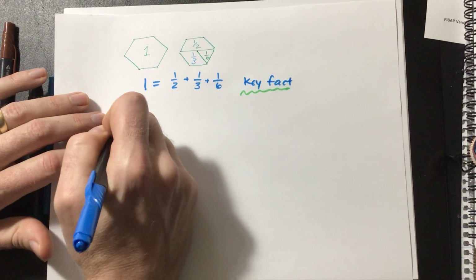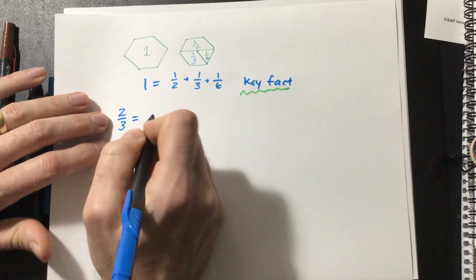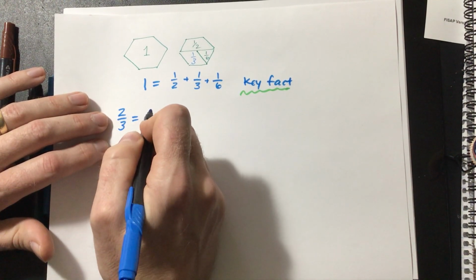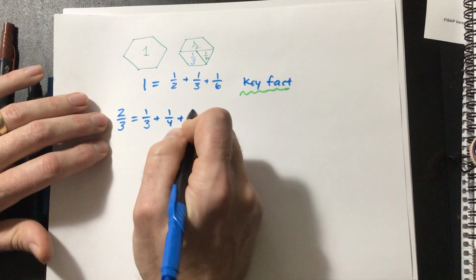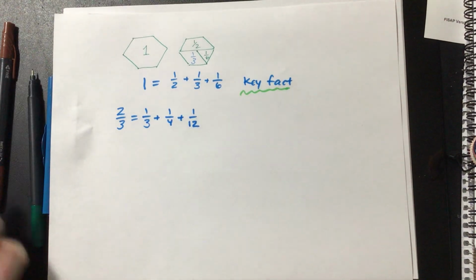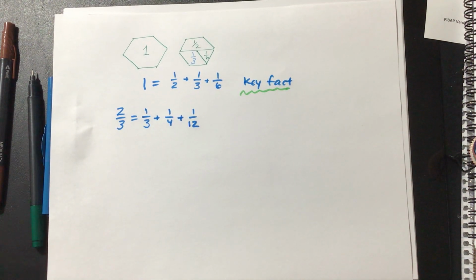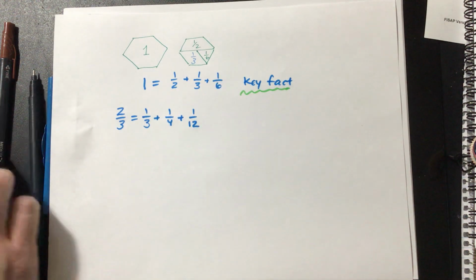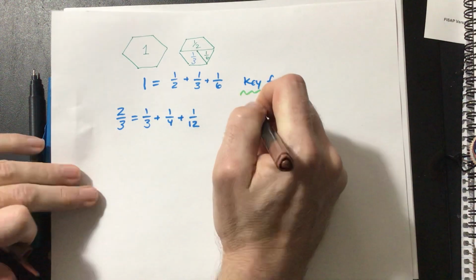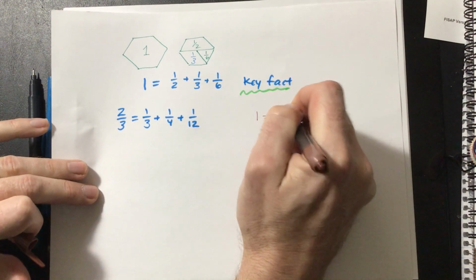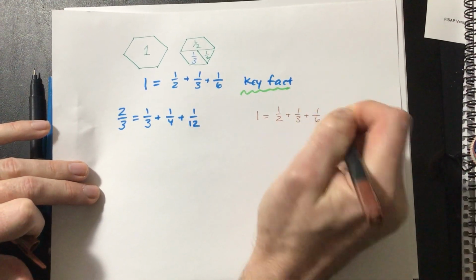One of the things that you wrote earlier was 2/3 equals 1/3 plus 1/4 plus 1/12. And so I could take a look at this key fact. I could write my key fact: 1 is 1/2 plus 1/3 plus 1/6.